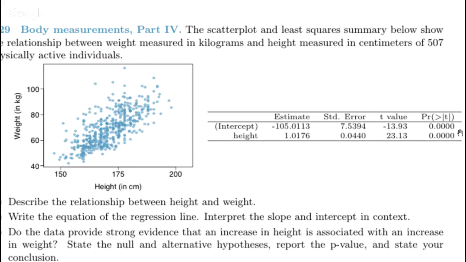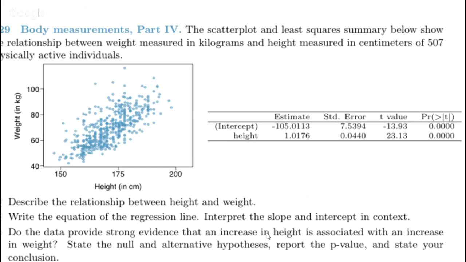The p-value on this coefficient under the null hypothesis, the zero estimate, is less than 0.0001, so that's strong evidence. State the null and alternative hypothesis. Null hypothesis: the regression coefficient is 0.